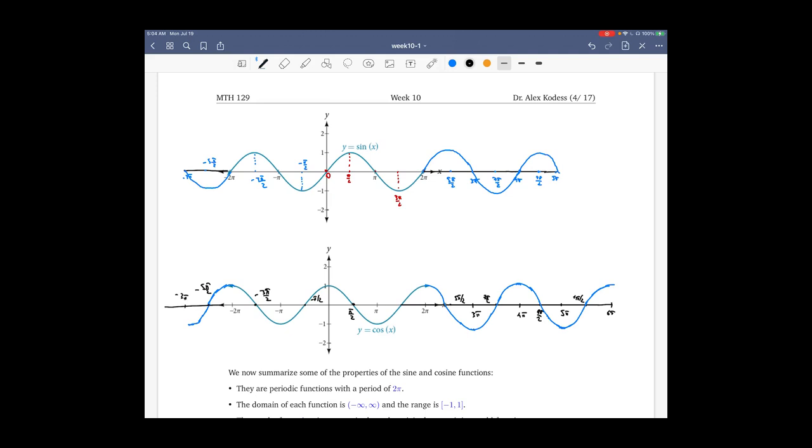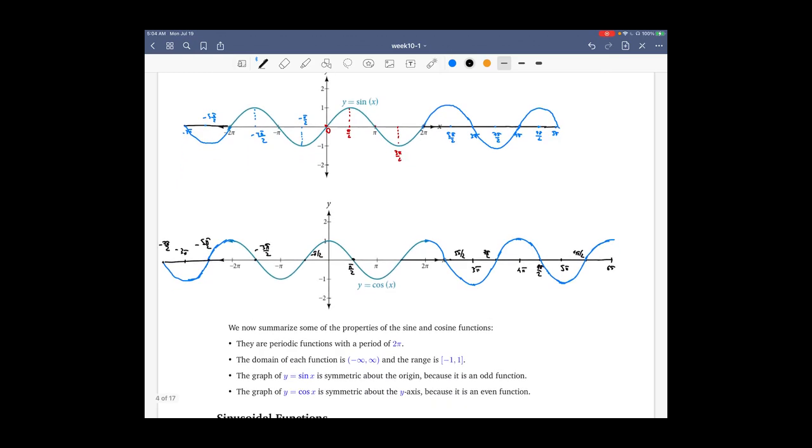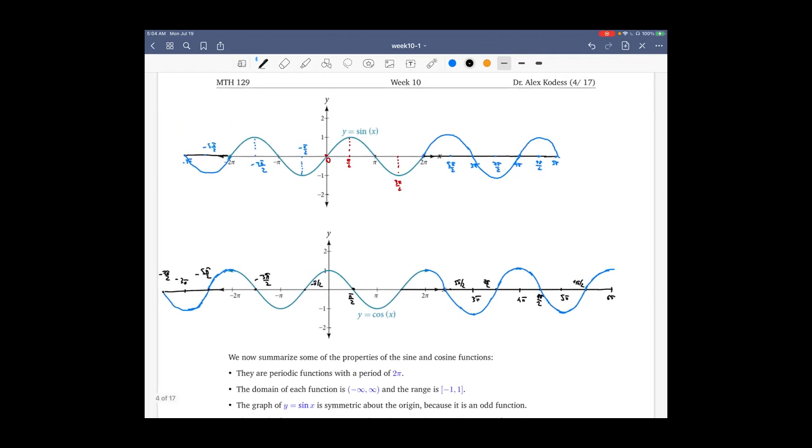And then again 0 at -7 pi over 2. And then again 1 at -4 pi, which is outside the screen. All right, so these are the graphs of sine x and cosine x.